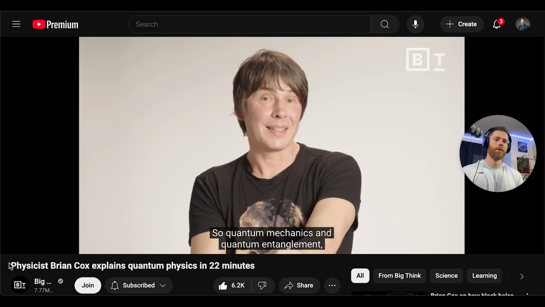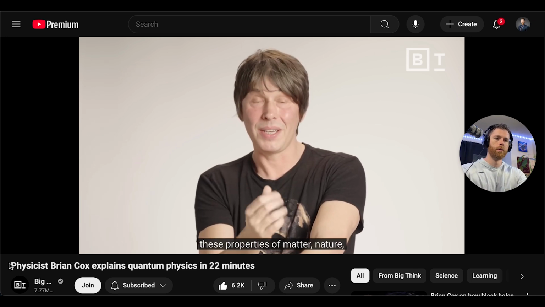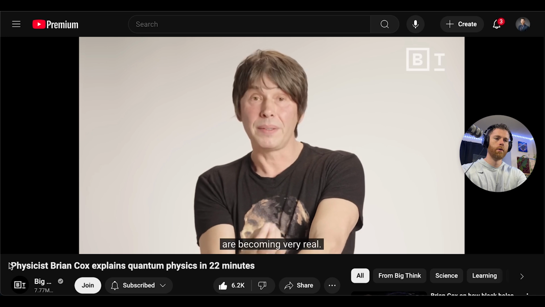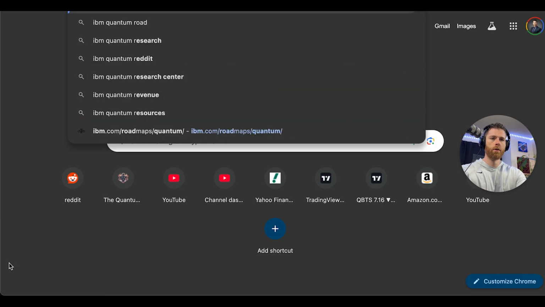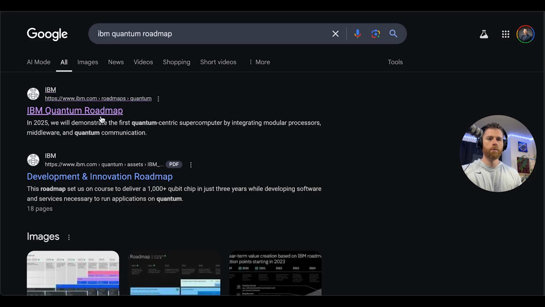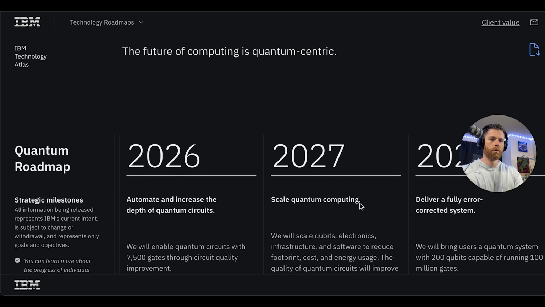So quantum mechanics and quantum entanglement, these properties of matter, of nature, are becoming very real because we're beginning to be able to access this tremendously complicated configuration space to do useful things, to make calculations that are useful to us.